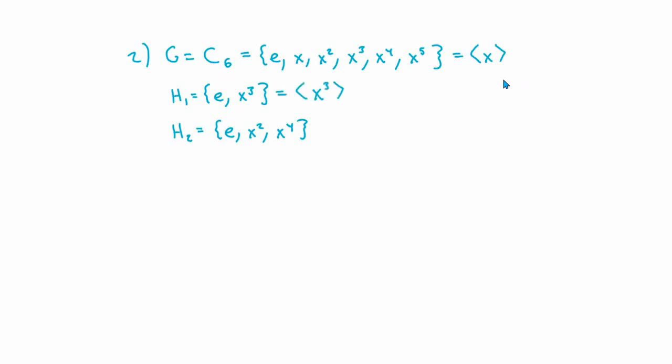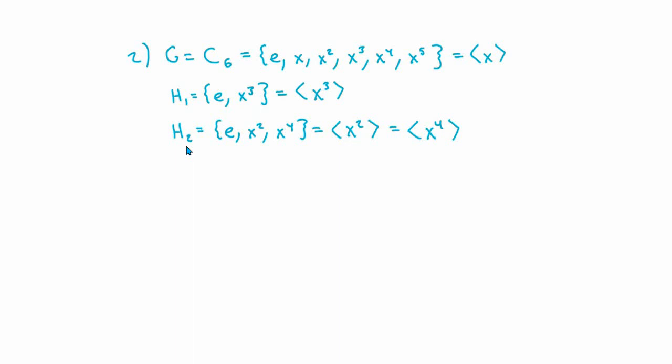It's also not difficult to see that the subgroup H1 is generated by the element x cubed, and that the subgroup H2 is generated by the element x squared, because in the first case, any subgroup of G which contains the element x cubed will also have to contain x cubed squared, so it will have to contain H1. And in the second case, any subgroup of G which contains the element x squared will have to contain x squared squared and x squared cubed, so it will have to contain H2.